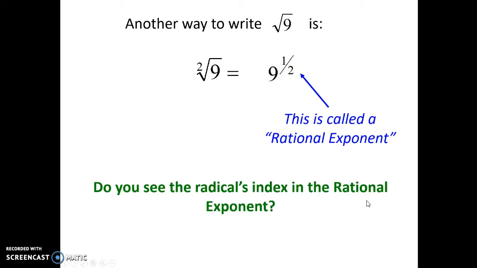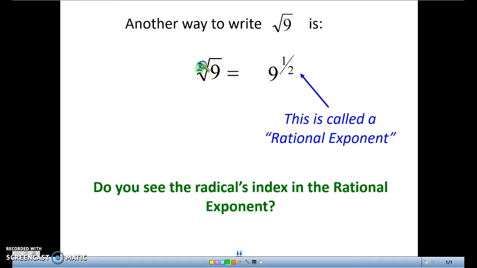Do you see the radical's index in the rational exponent? Here's the index in the radical. Do you see the index in the rational exponent? Yeah, it's the denominator.